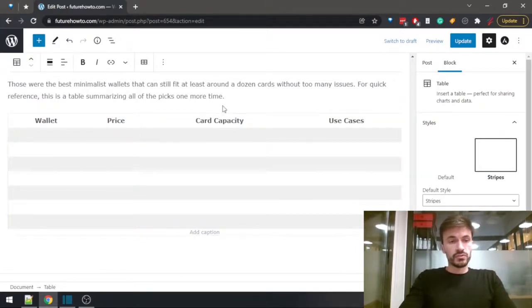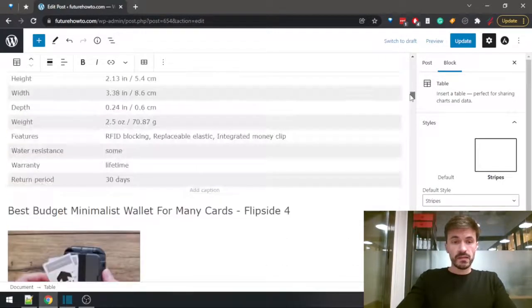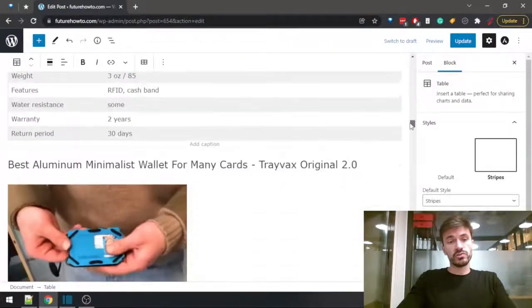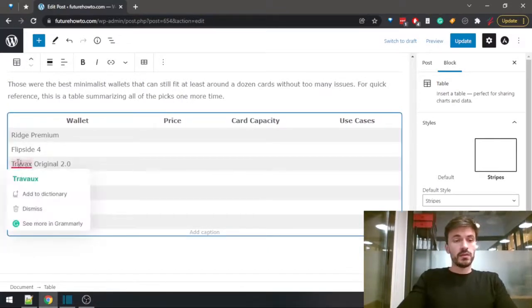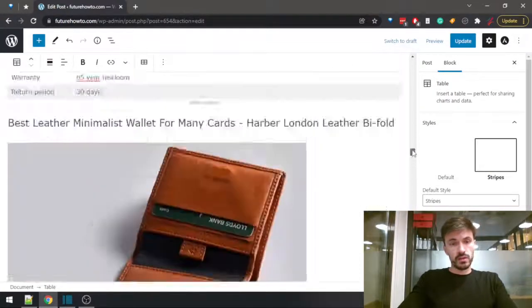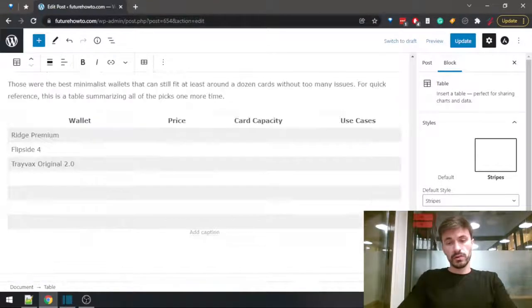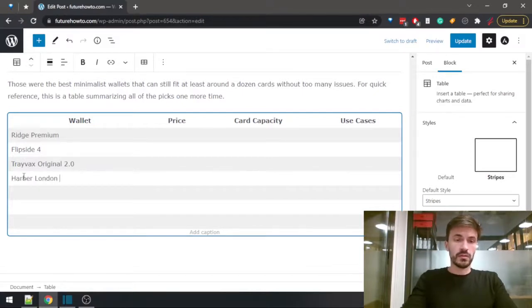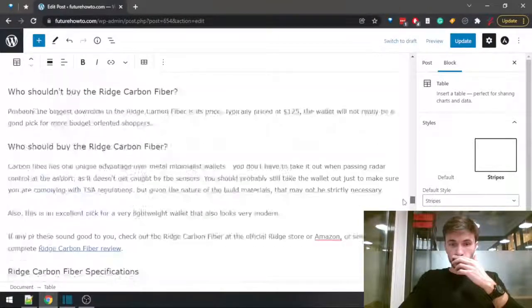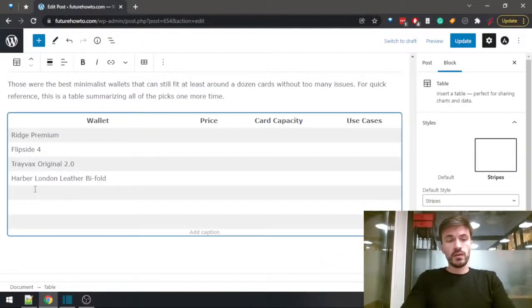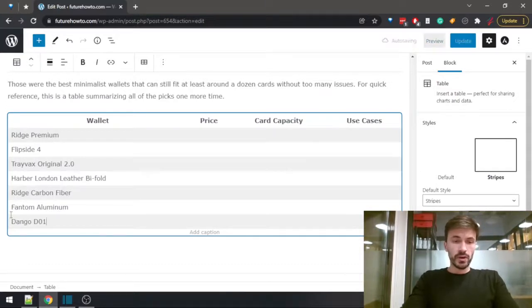So we have Ridge Premium, Flipside 4, Travex Original 2.0, Harbor London Leather Bifold, Ridge Carbon Fiber, Phantom Aluminum, and Dango D01 Dapper.